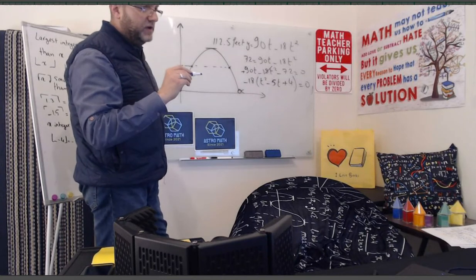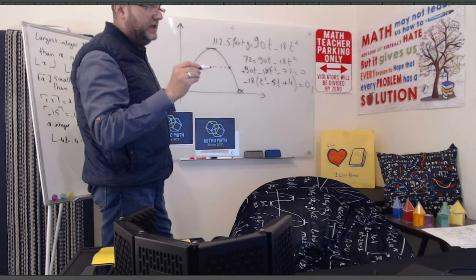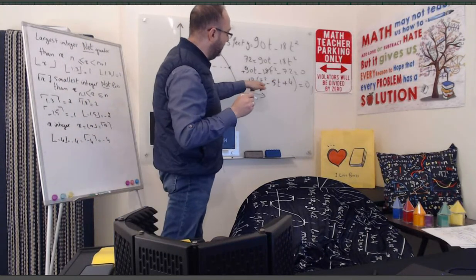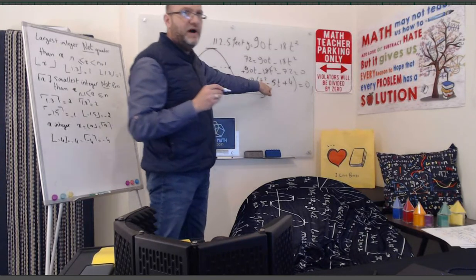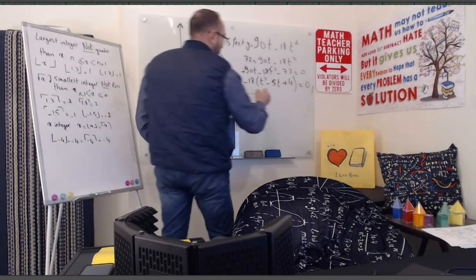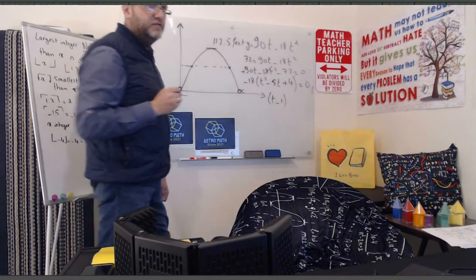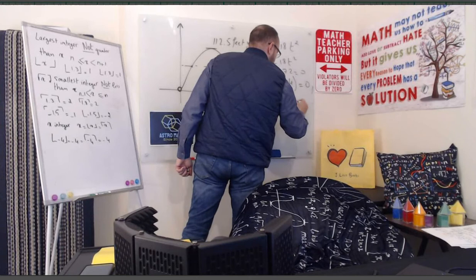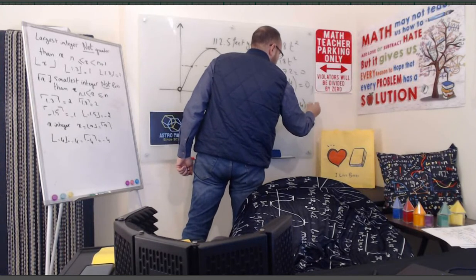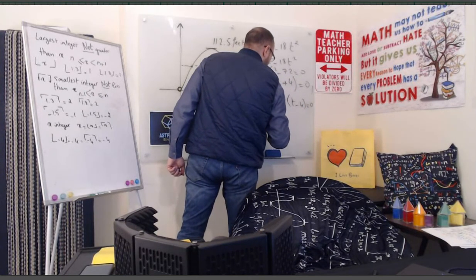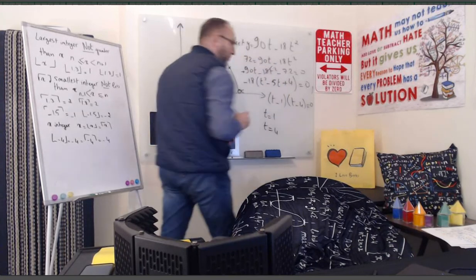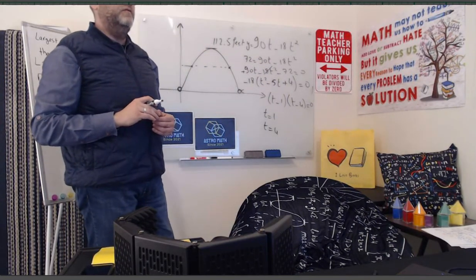So minus 1 times minus 4 equals plus 4, and minus 1 plus minus 4 equals minus 5. It's very simple. So I have t minus 1 times t minus 4 equals 0. So you have t equals 1 second, and t equals 4 seconds.